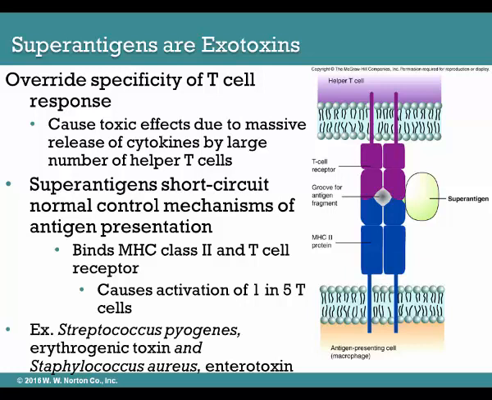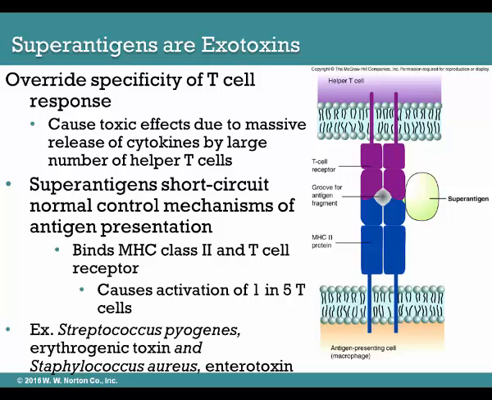As many as 20% of T cells would be activated by a superantigen, which is way more than the normal level of T cells activated by the presence of bacterial antigen. Hence the name superantigen.